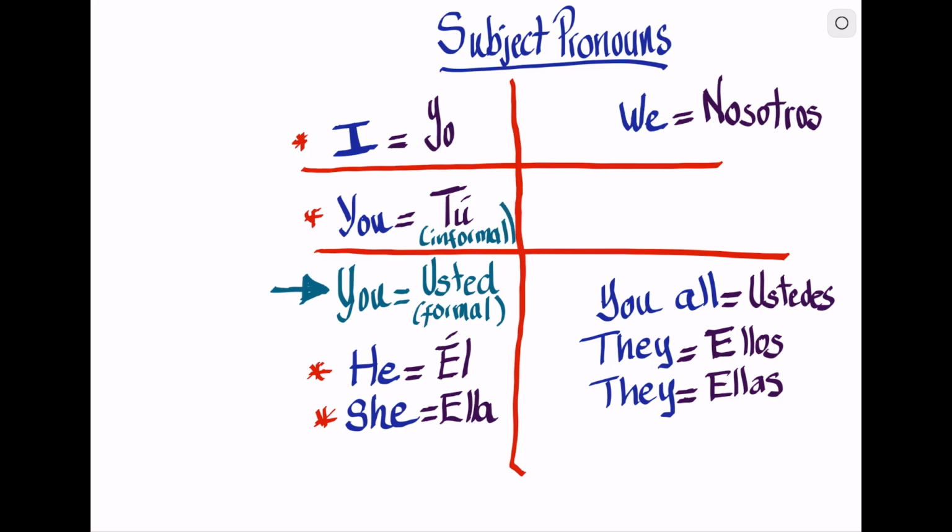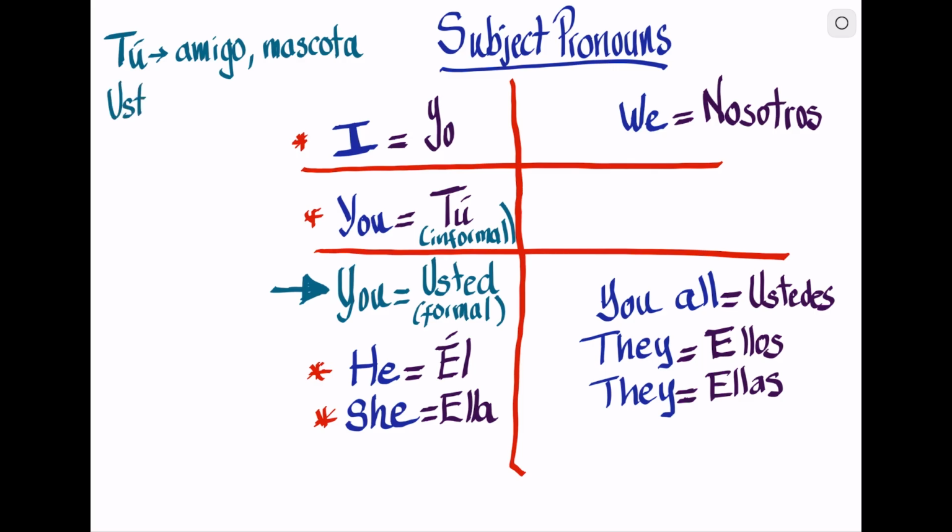For example, a friend. And usted, a president. Here are some of the examples. For tú, a friend, amigo, or a pet, that means mascota in Spanish.